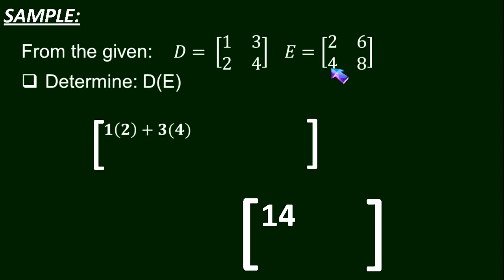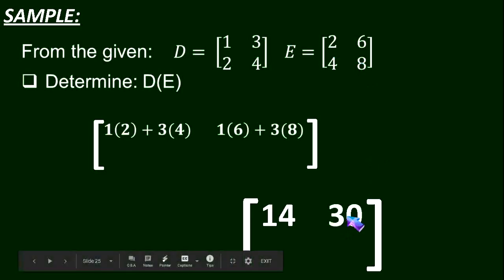Yung second entry naman natin, which is the first row, second column. So, i-multiply natin yung first row dito naman sa second column. So, we have to take 1 times 6 plus 3 times 8. So, yan yung magiging entry natin, 30.